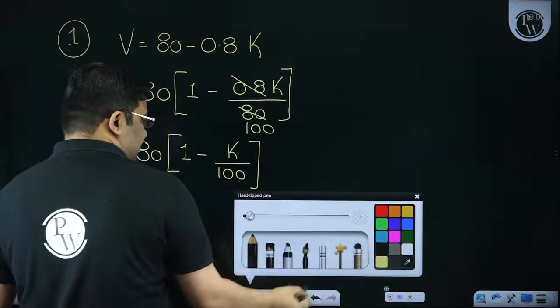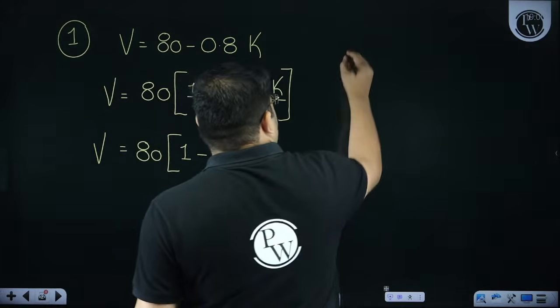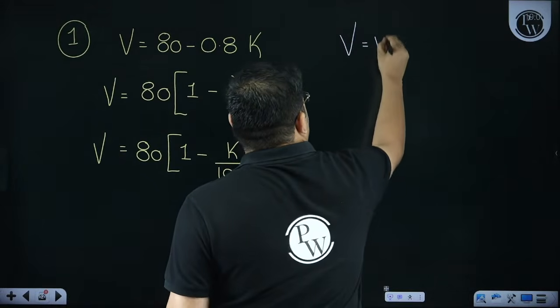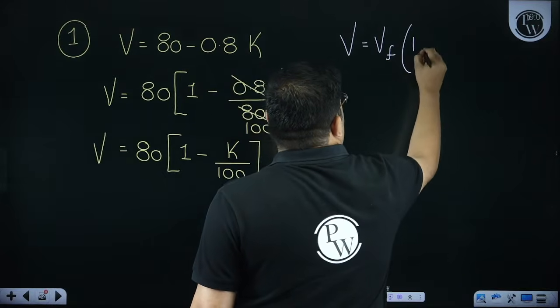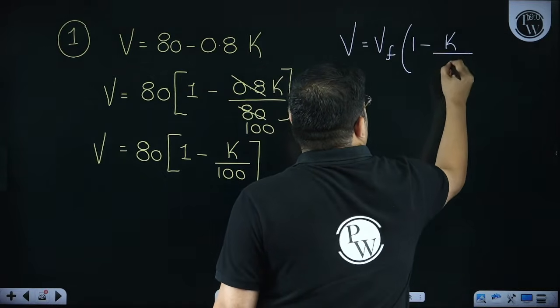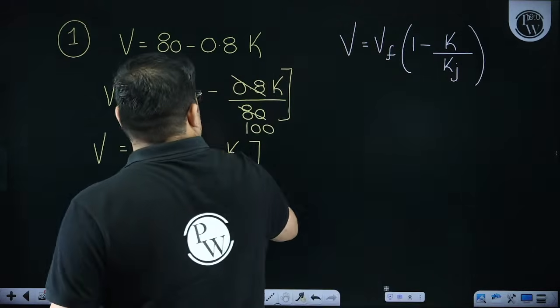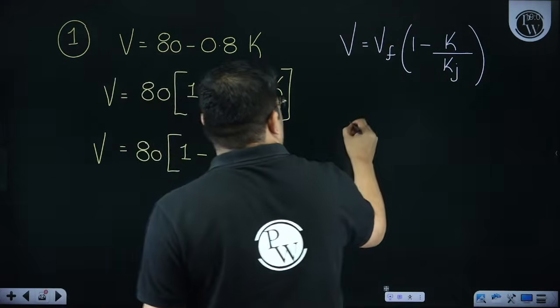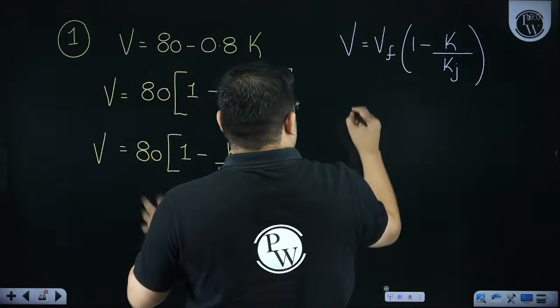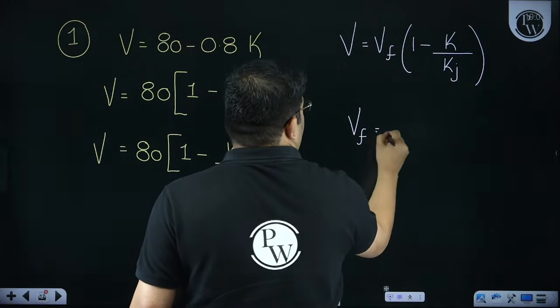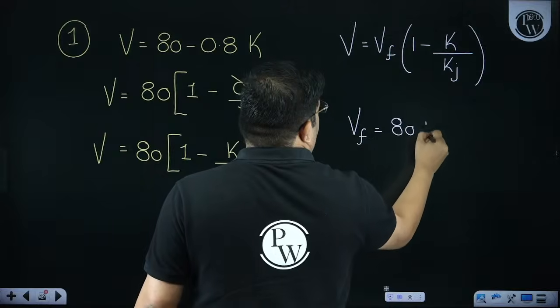Now the original equation of the Greenshields model is V is equal to Vf into 1 minus K upon Kj. If you compare these equations, you get Vf is equal to 80 km per hour, the free mean speed.